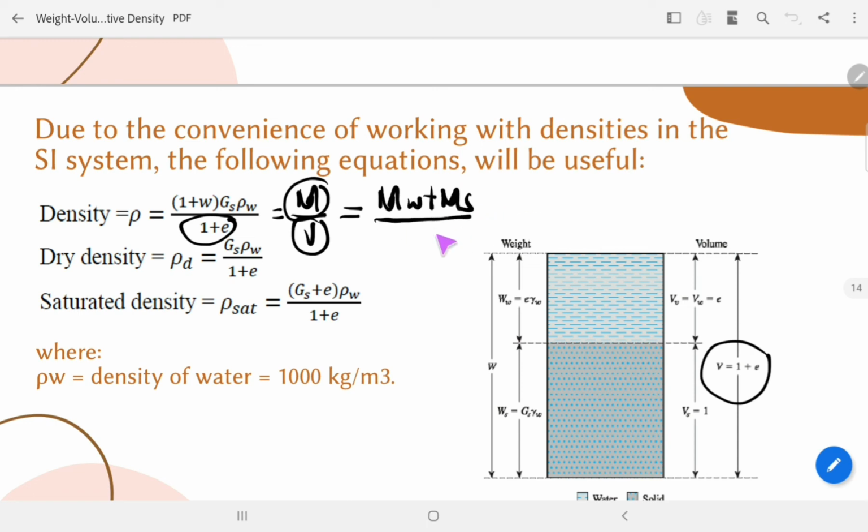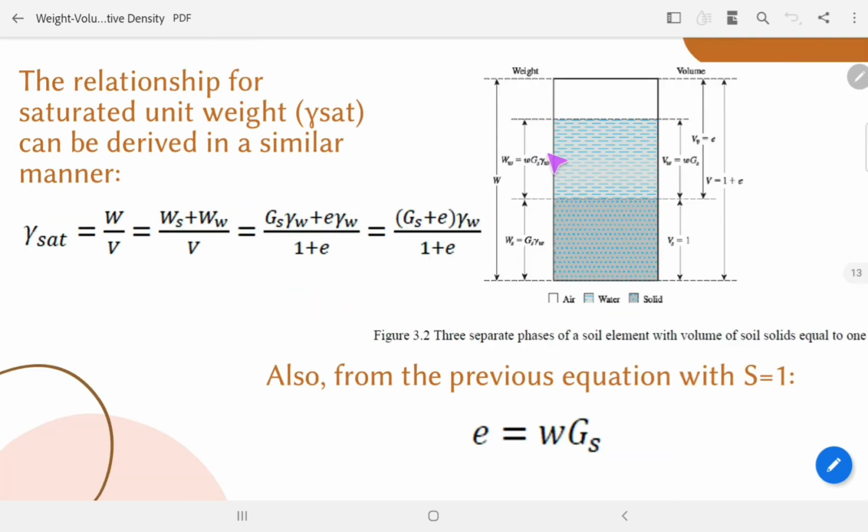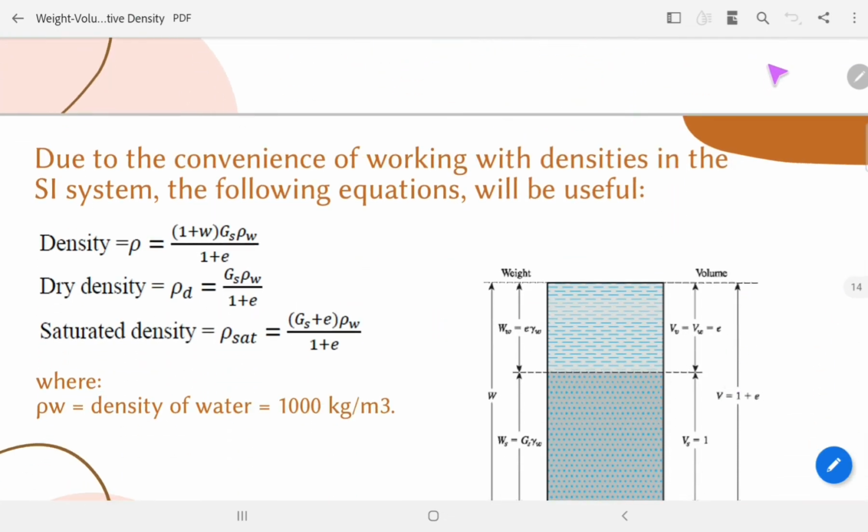So, again, guys, we know that the weight of water is omega GS gamma water, and then the weight of the soil solid is GS gamma water. Now, if we go back here, tama ba? Weight of water is omega GS gamma water. Now, if you try to get the mass of the water only, you simply use omega GS rho water.